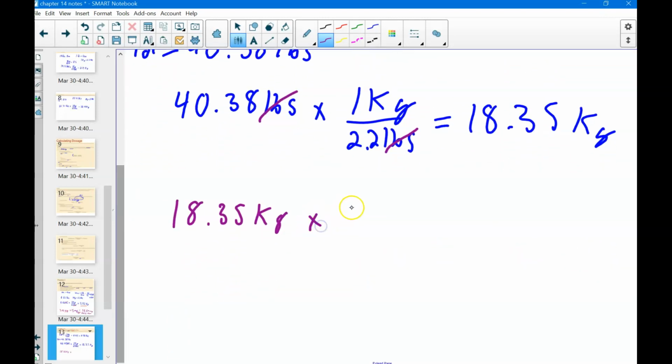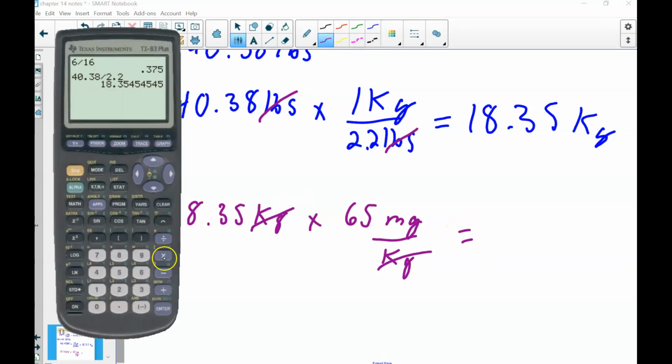Multiplied by 65 milligrams per kilogram. I'm writing it out this way so you see the cancellation of units. Gone, gone. We have that number times 65.